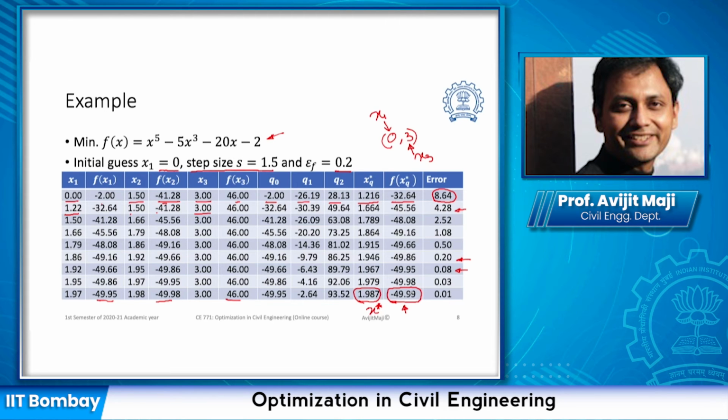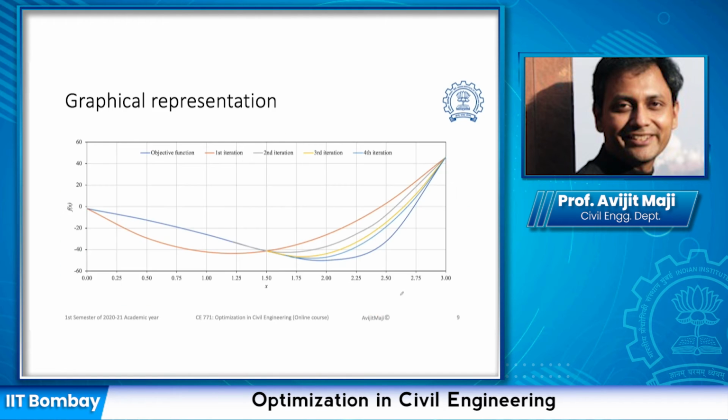Now we'll look into this method through a graphical representation. So in this graphical representation, first the objective function which we have can be represented by this blue line. This is the objective function between 0 and 3.